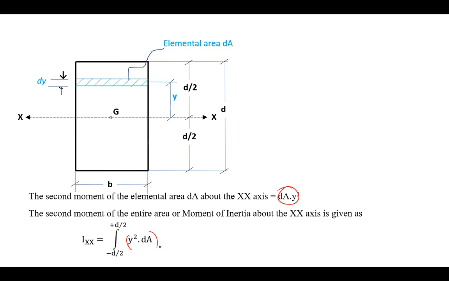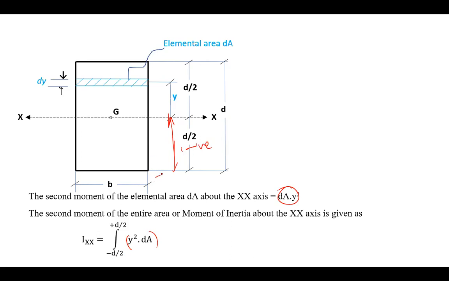We know why these limits are correct: y varies from the x-axis to the top, which is 0 to plus d by 2. There is also y below the x-axis, which is negative, so it is taken as minus d by 2.